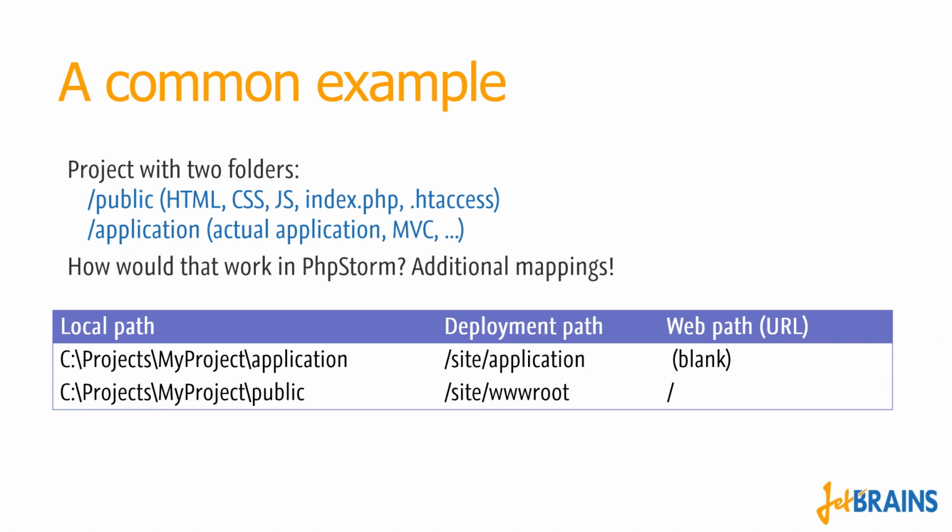So these mappings, I already touched the word mapping, but it's a really important concept if you're doing deployments with PhpStorm. Basically, the IDE needs to know what is the PhpStorm project path, how does that map to the document root on the remote server, and how does that map to the root URL.